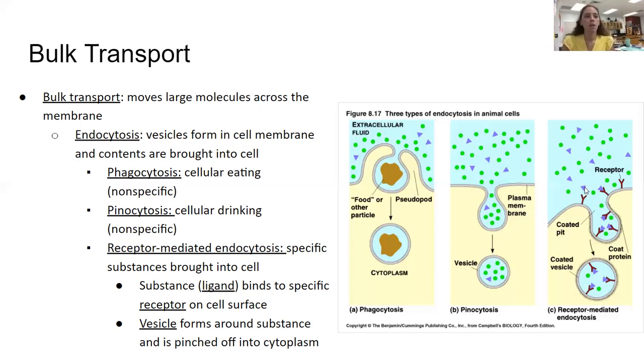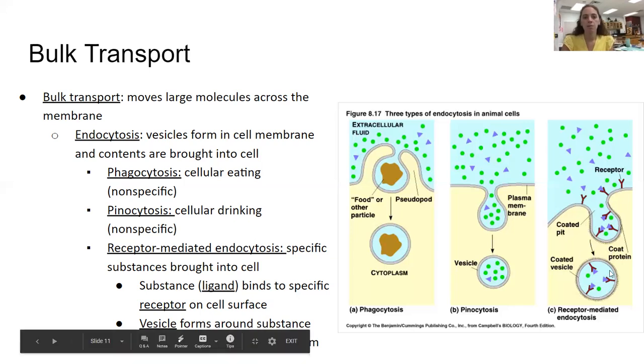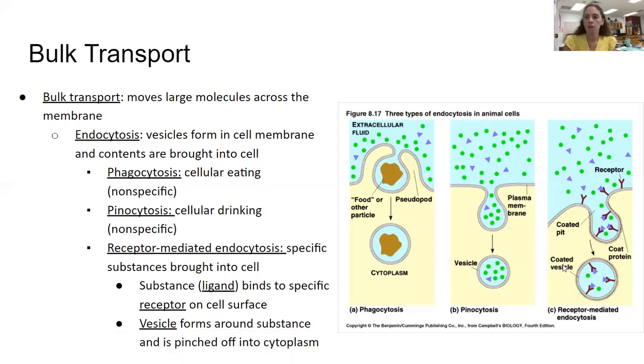So here our ligand is the little purple triangle molecule. Purple triangles bind with the receptors, signaling for a vesicle to be formed around them. So now these specific molecules get brought into the cell and then typically go on to trigger some other type of response.